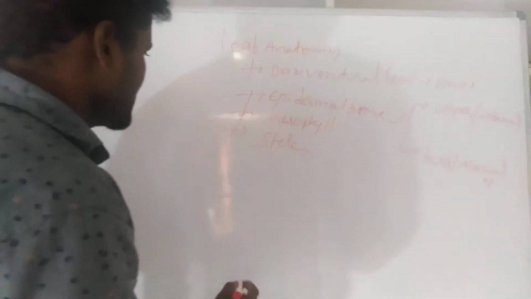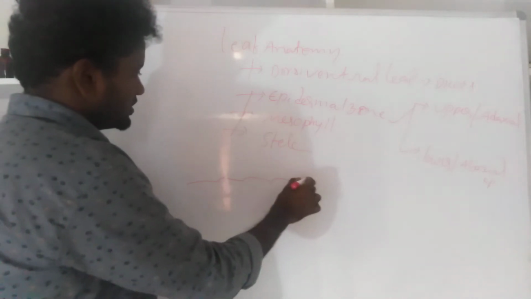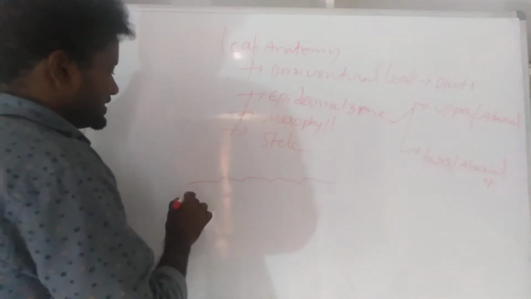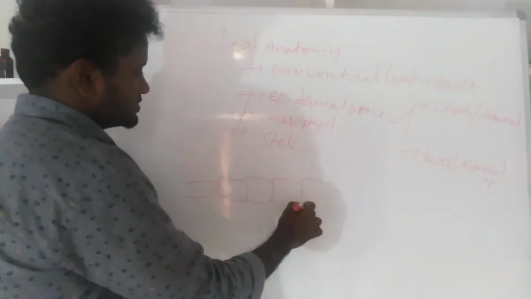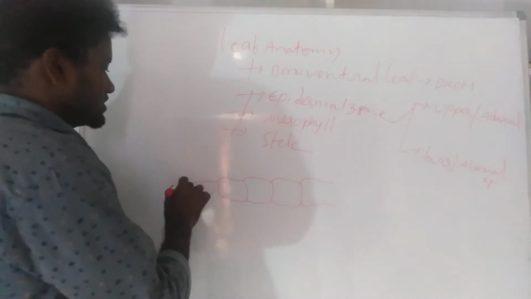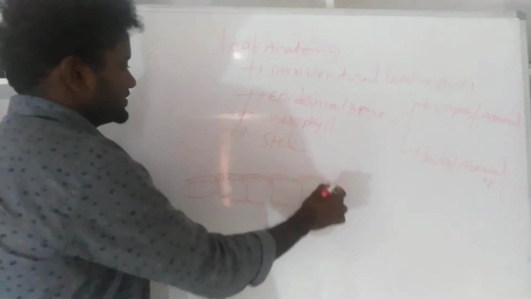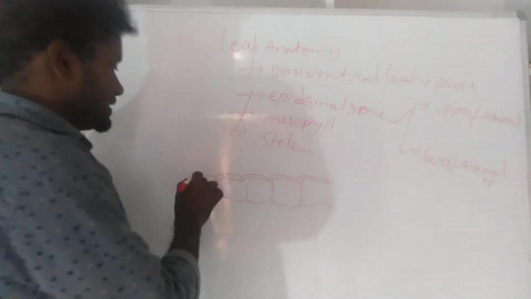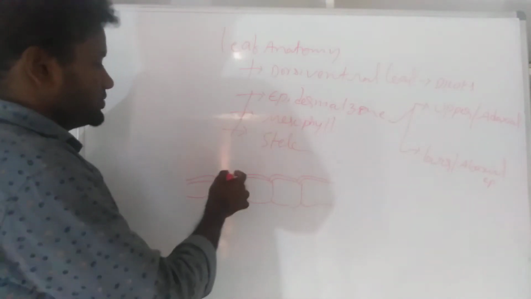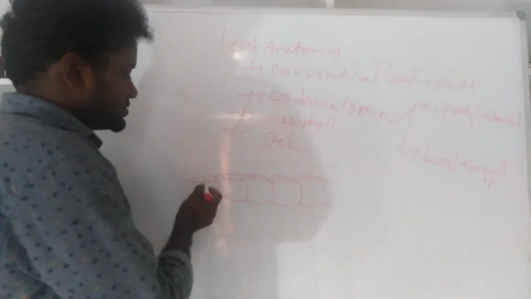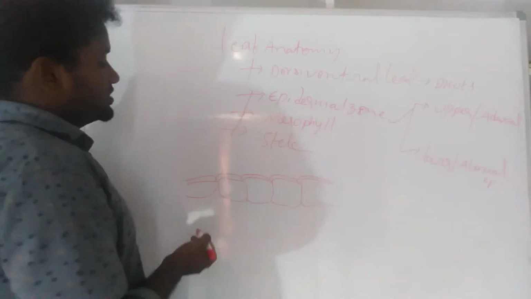The upper and lower epidermis in a leaf are made of rectangular, elongated cells. They are covered by a waxy layer called cuticle, which prevents the loss of water because it is made up of simple lipid. The epidermal cells are living and contain protoplasm and large vacuoles.